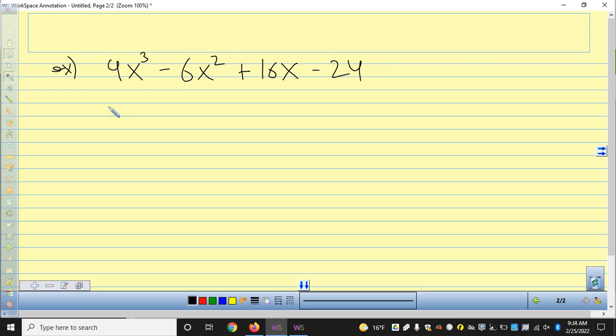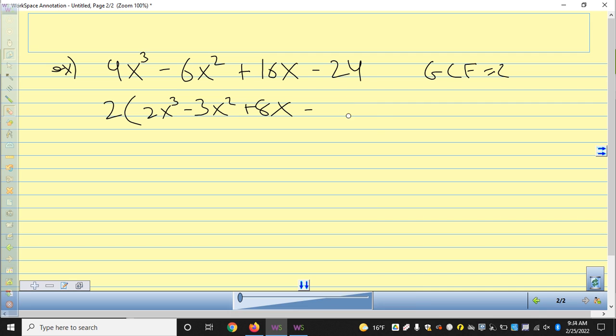So I'm going to factor that out first. So our GCF is 2. So I'm going to write that as 2 times 2x to the third minus 3x squared plus 8x minus 12.